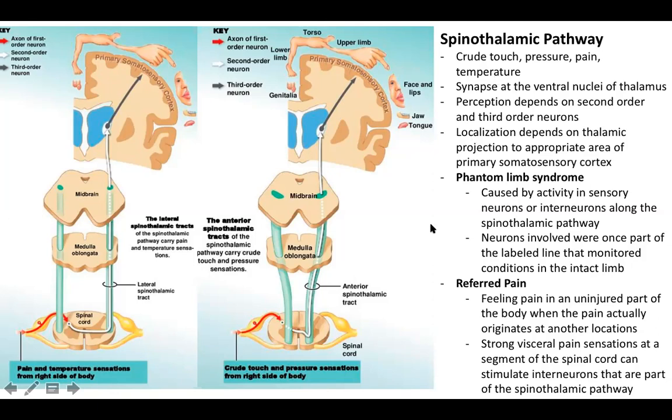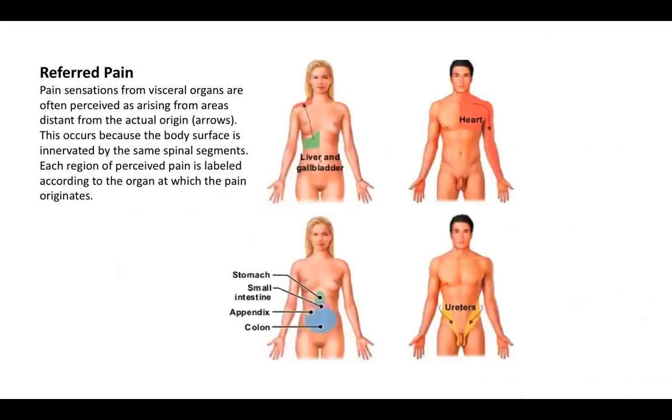Another thing that occurs with this spinothalamic pathway is referred pain. This is feeling pain in an uninjured part of the body when the pain is actually originating in another location. We have a strong sensation of pain with organs that are innervated at the same spinal level. We have an image of that here.